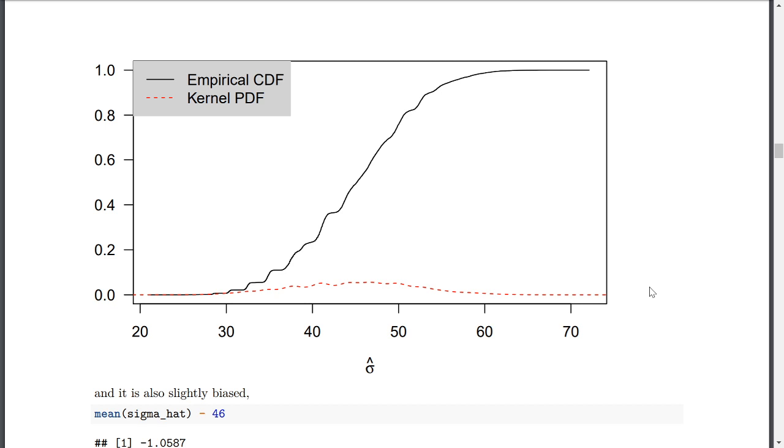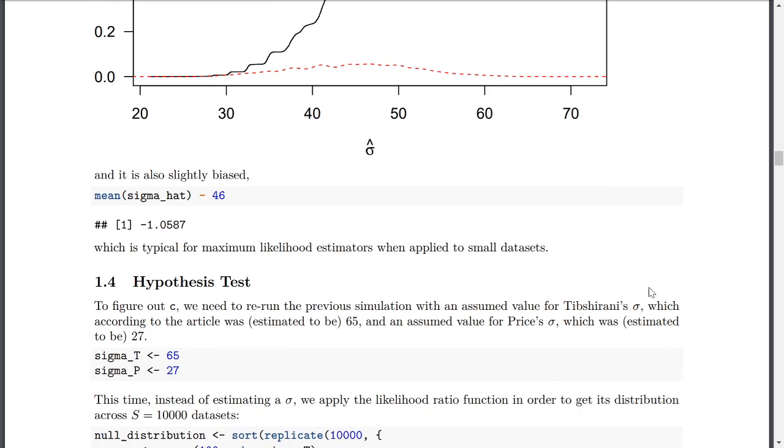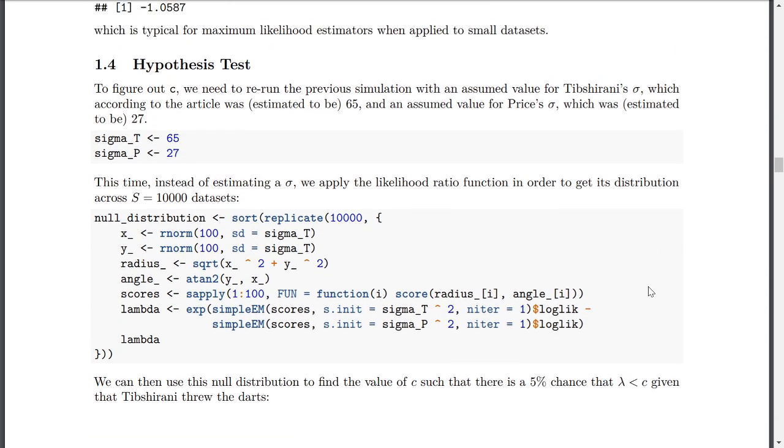Good so far? Okay. Next question was about, well, in the documentation, it says I made these 100 dart throws. Tibshirani is the package maintainer, but there's reason to believe those dart throws may have actually been thrown by his roommate, Andy Price.